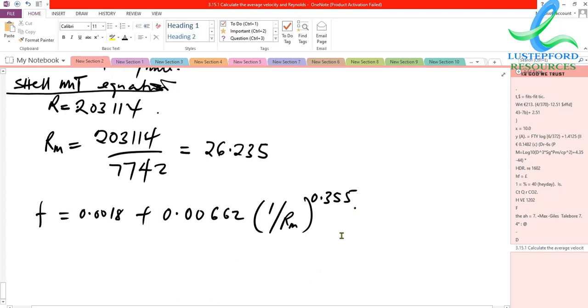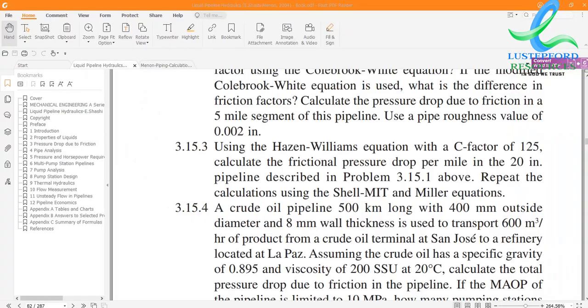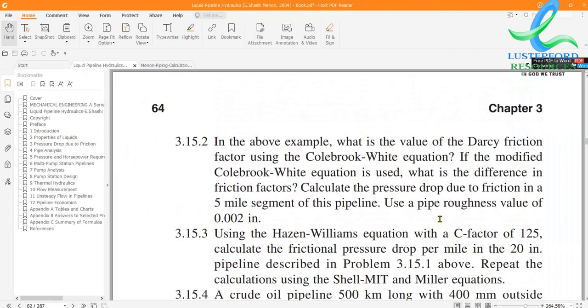Let me check if this is correct. Let me look at the equation here.